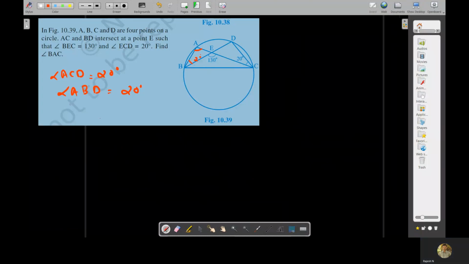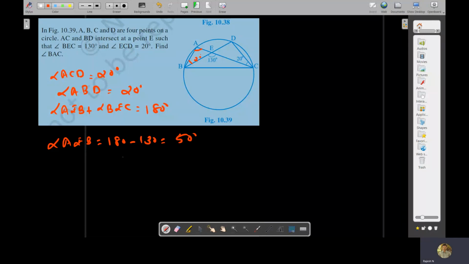Similarly, angle AEB. Angle AEB plus angle BEC is a linear pair. So angle AEB is equal to 180 minus 130. So answer is what? 50 degree.